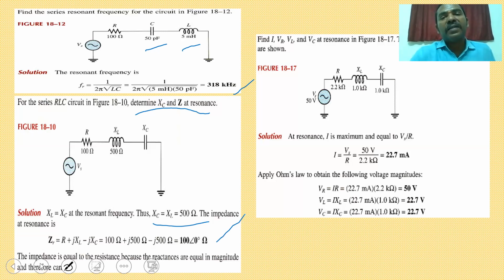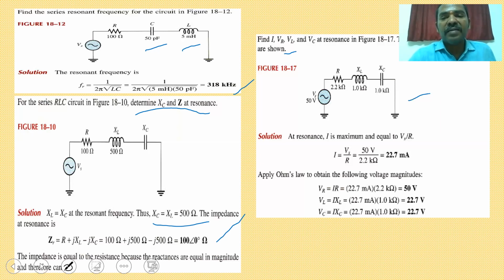Coming to one more problem, we have to calculate the current I, the voltage drop across the resistor, the voltage drop across the capacitor, and the voltage drop across the inductor for the circuit shown in the figure. Here under resonance the net reactance value is equal to 0. So the current I naught is equal to V by R. What is V? 50.